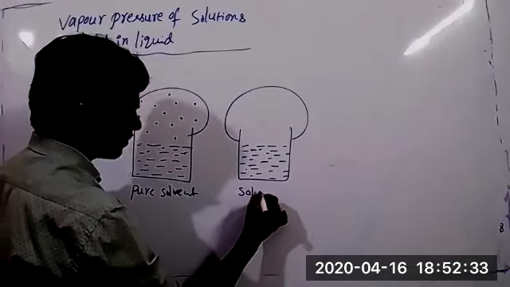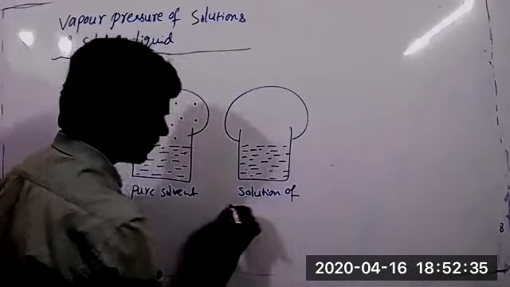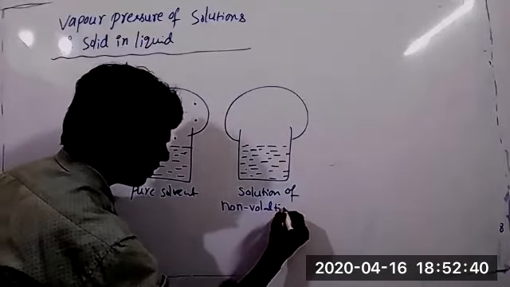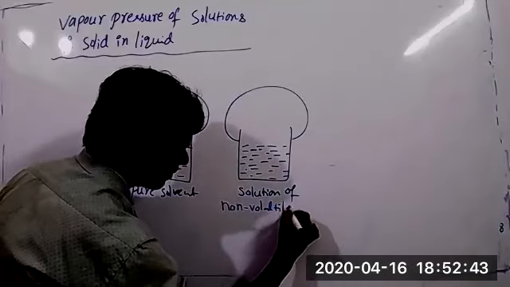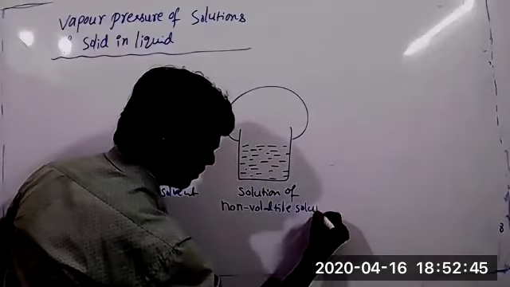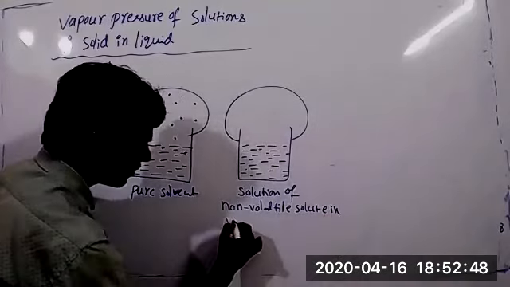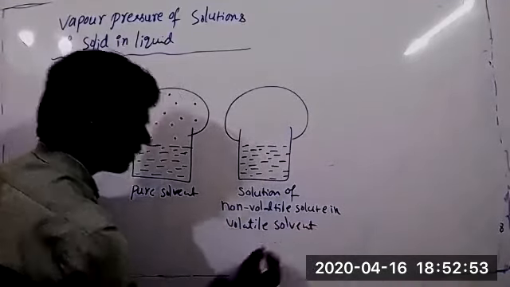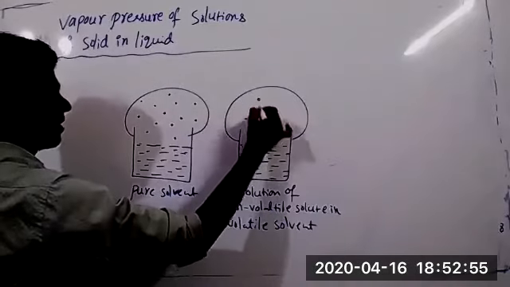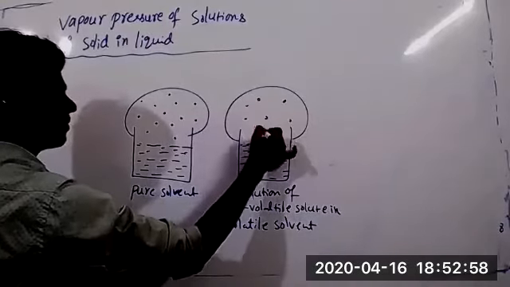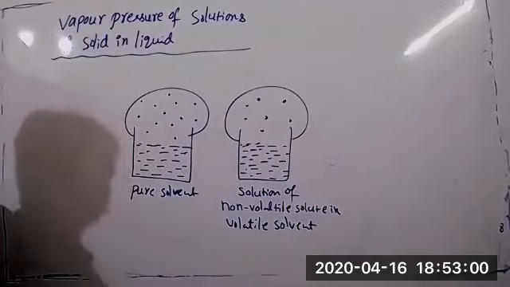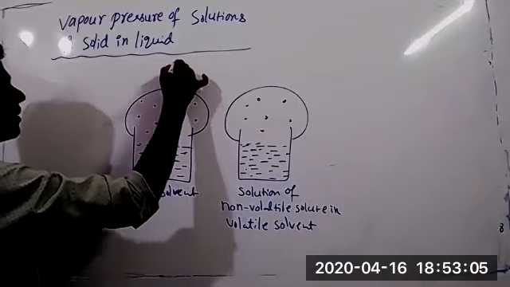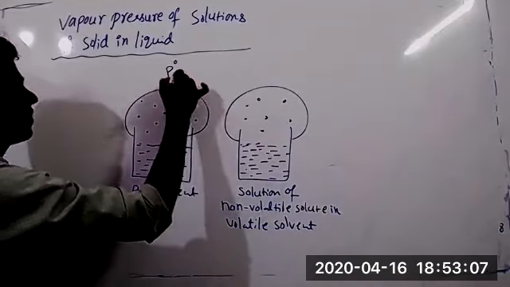This is a solution of non-volatile solute in volatile solvent. Now its vapor pressure is this. If you observe, for the pure solvent, its vapor pressure is taken as P power 0 or PA power 0.